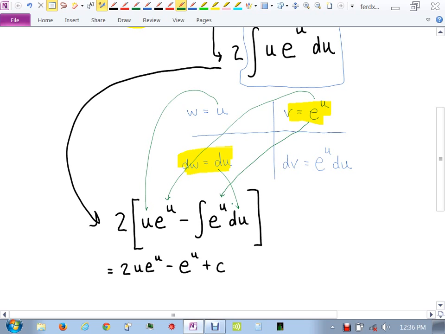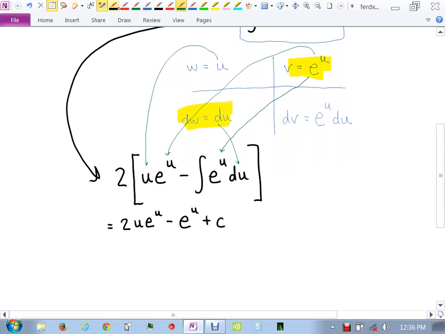The 2's going to, oh yeah, I didn't distribute the 2. Thank you. So my 2 I haven't distributed. Now, I am going to distribute the 2 through, but I also need to go back and say what u was.